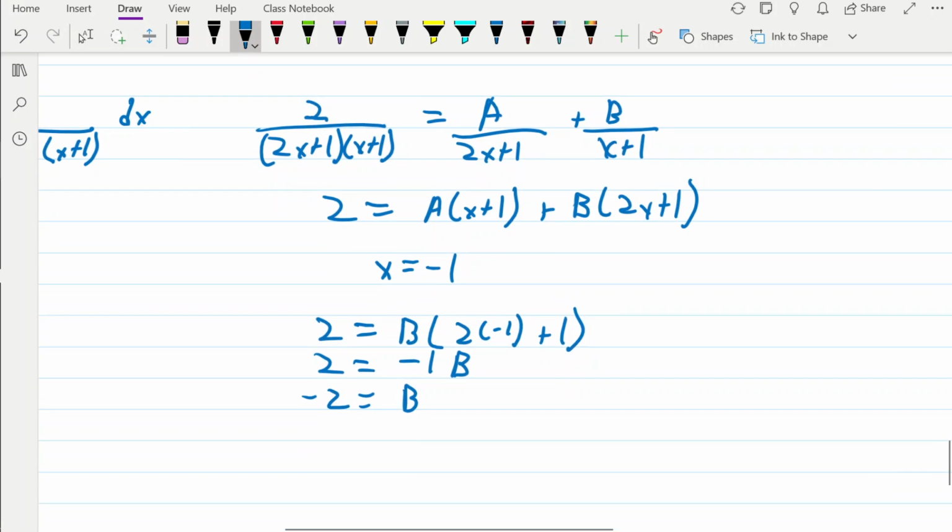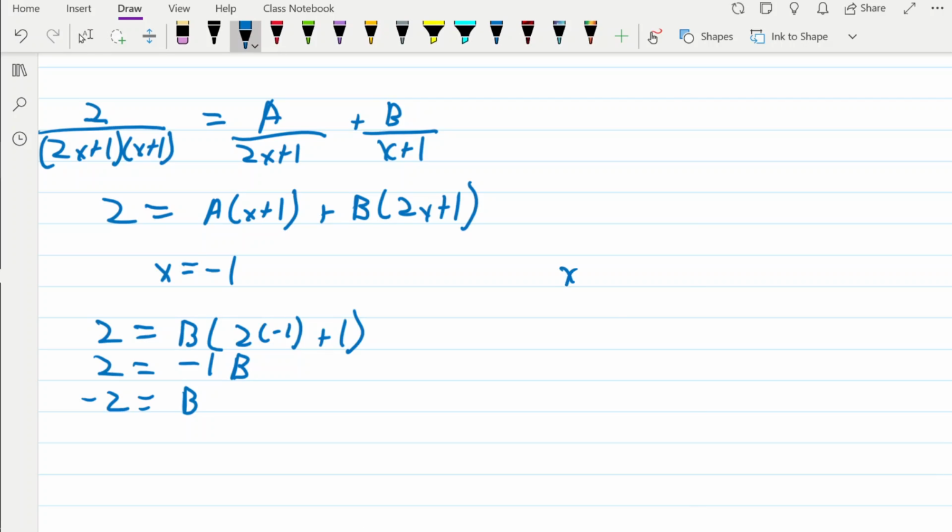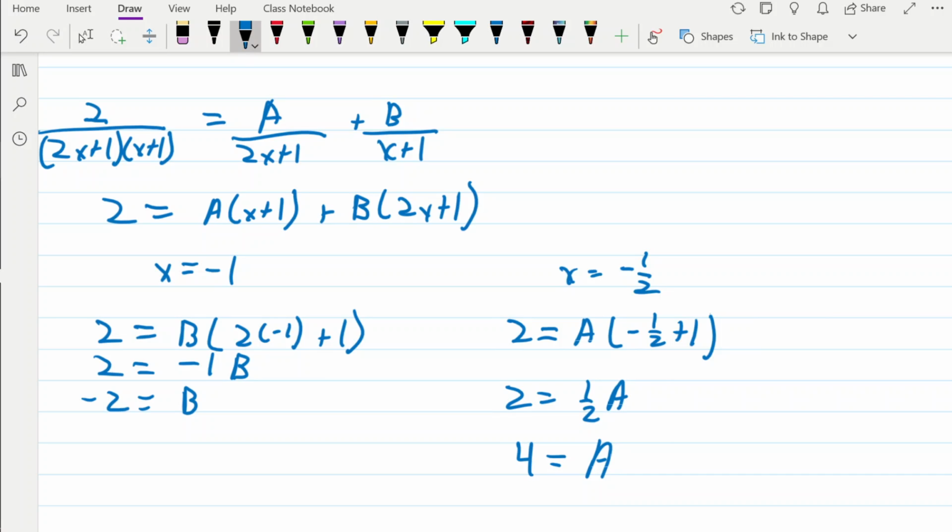So we're going to get 2 equals a times negative 1/2 plus 1, plus, and then that b is going to be a 0, so we don't have to write it. So we're going to get 2 equals 1/2 a. A is going to equal 4.